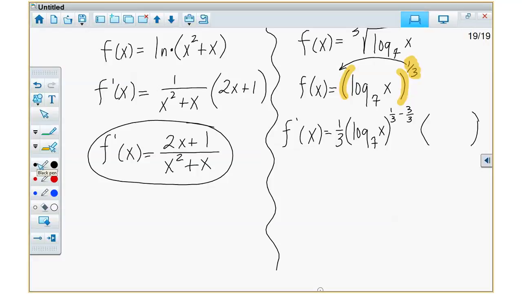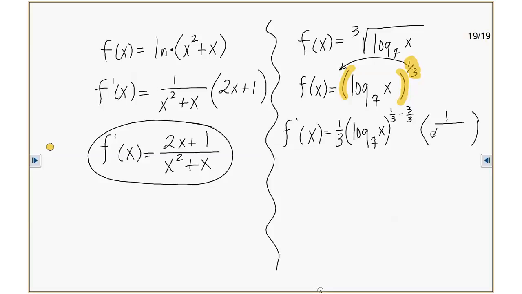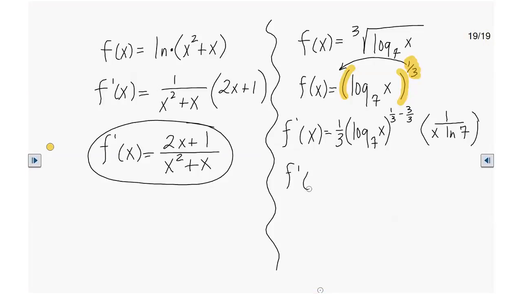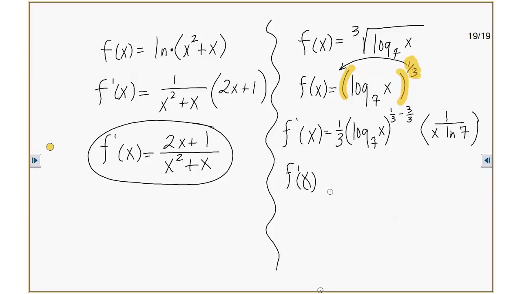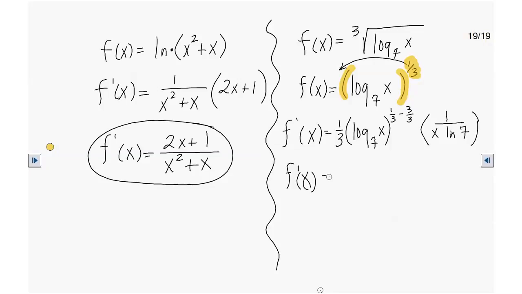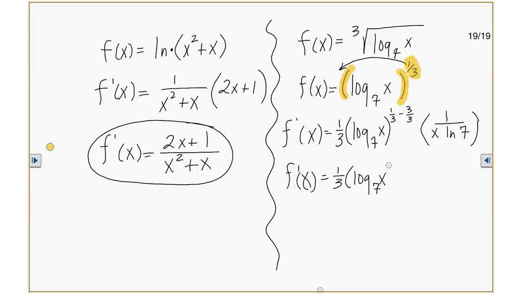All right, so what's the derivative? We said it was 1 over x natural log of 7. And now you can just finish it with algebra because you've done the calculus. So f prime of x is equal to 1/3 log base 7 of x to the what? Negative 2/3.